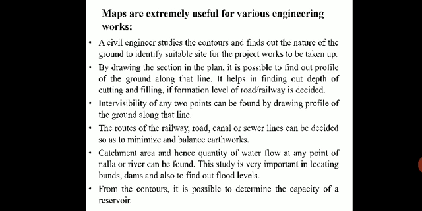Then the catchment area can also be determined, because the quantity of water at any point of the nala or river can be found out with the help of these maps. This study is very important in locating the bunds and dams, and also to find out the flood levels. So you can find out each and every parameter with the help of these maps.